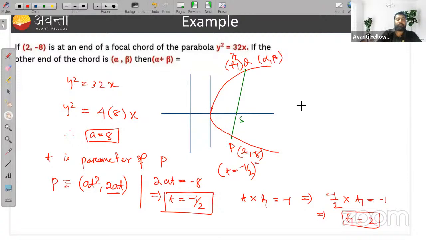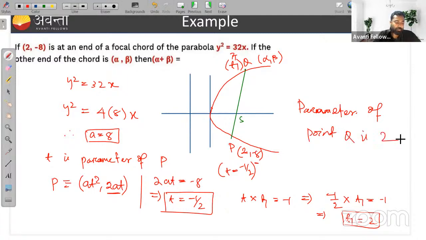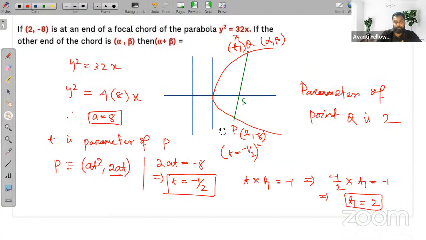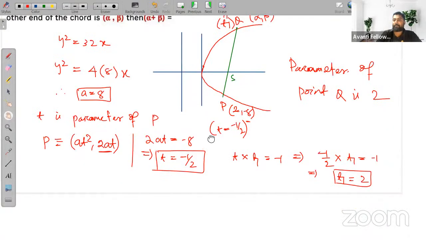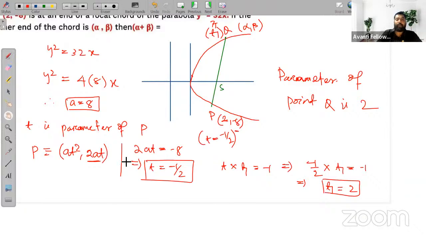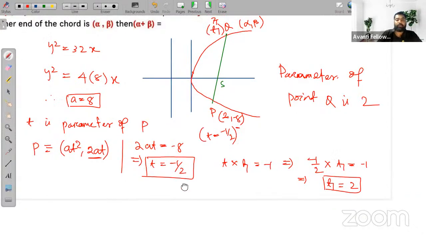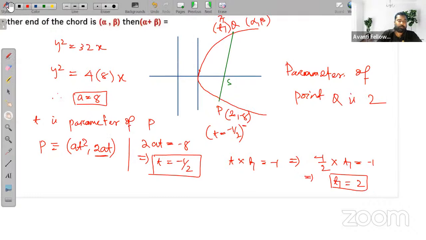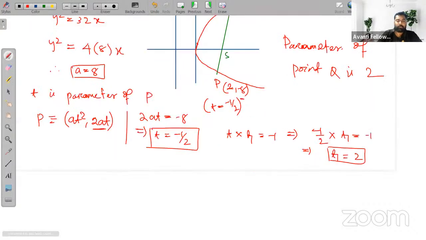So here I'm writing, parameter of point Q is 2. If it is 2, then what will be the coordinate of Q? It is given that the coordinate of point Q is alpha, beta. By using the parameter of Q, we can find that the coordinate will be a t1 square, 2a t1.